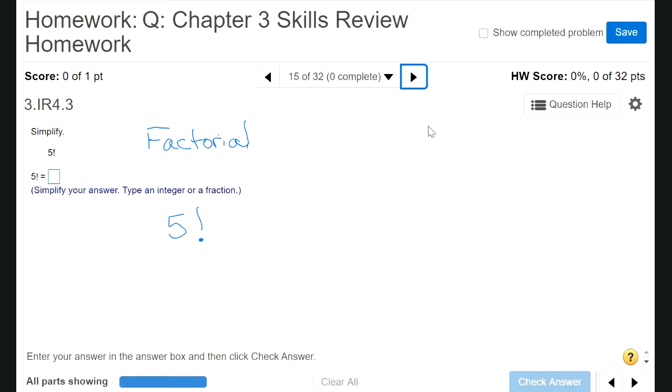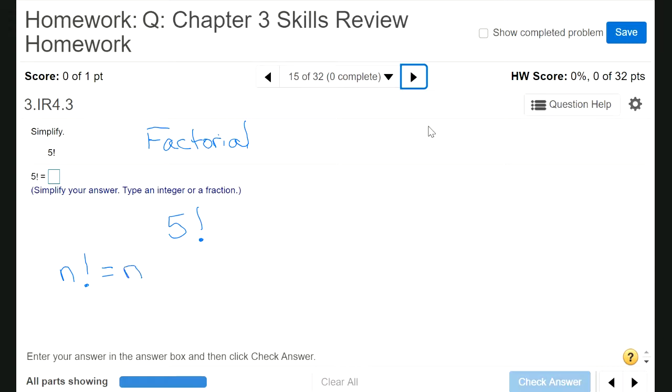And when you have in general n factorial, where n is any number, that means it's a product.